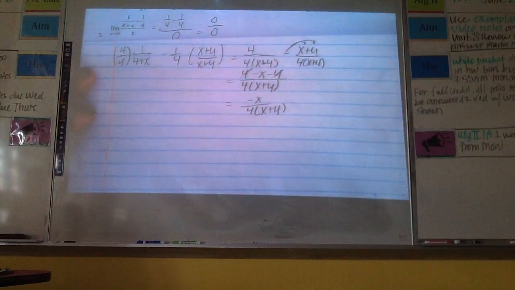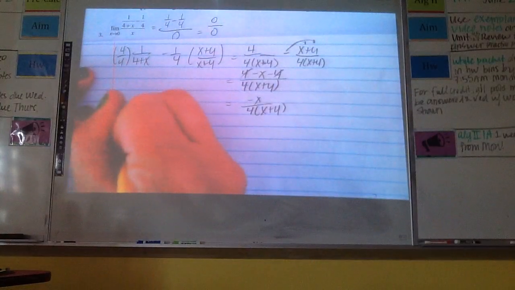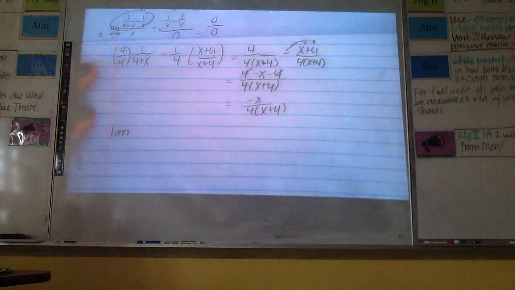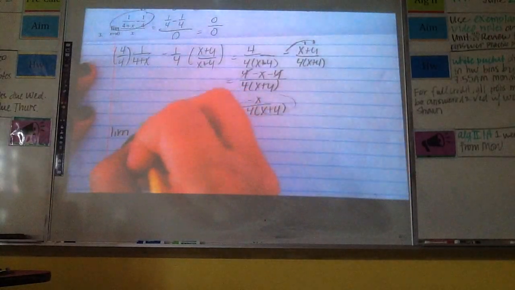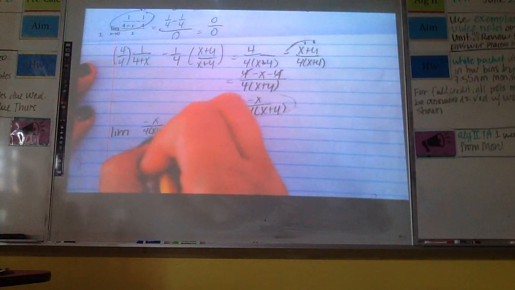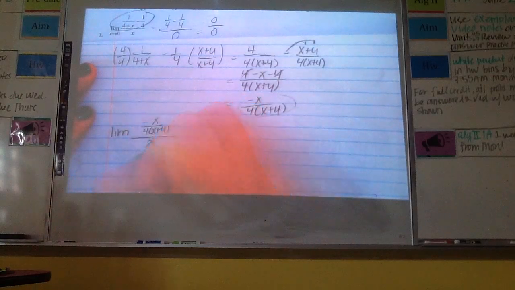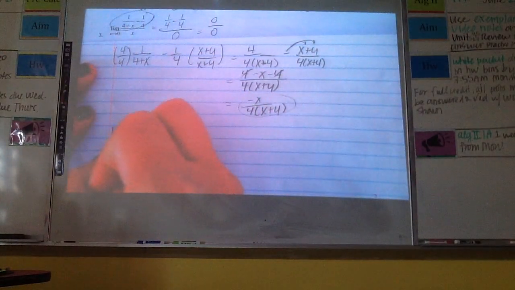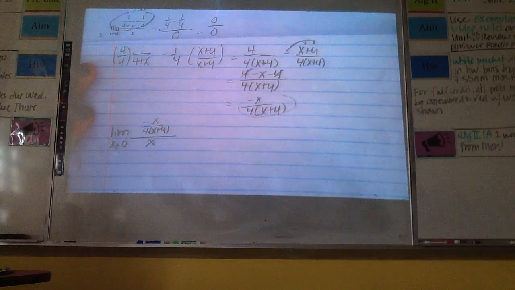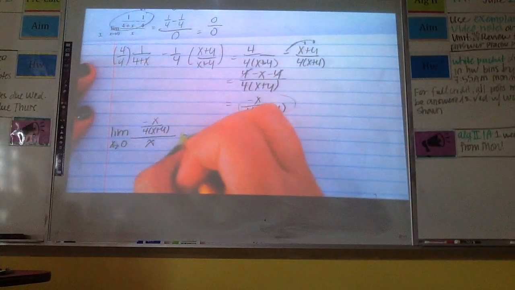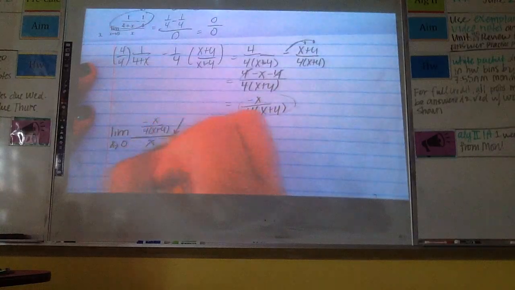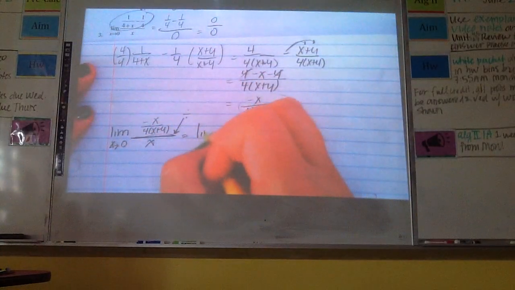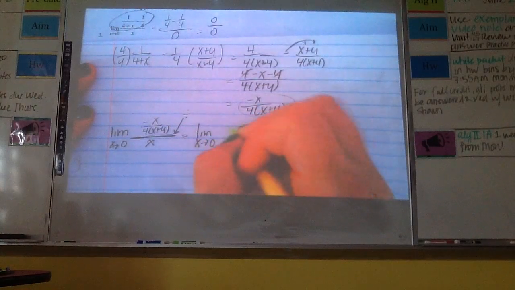Okay, so that means if I'm looking back at the limit, I took this whole numerator and reduced it down to negative x over 4 times the quantity x plus 4. It's still over x, just like here, as x approaches 0. Now my strategy was to reduce to one fraction. I can interpret this fraction bar as meaning division. Well, we know how to divide by fractions. You just multiply by the reciprocal.